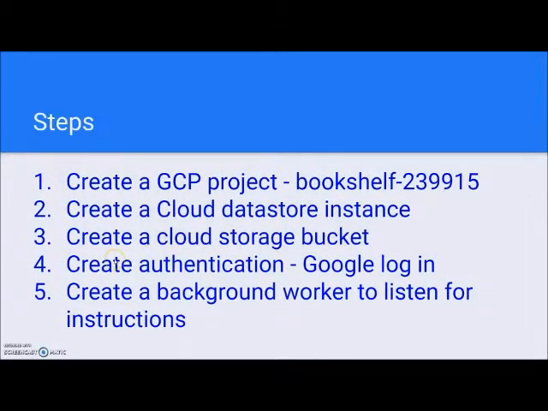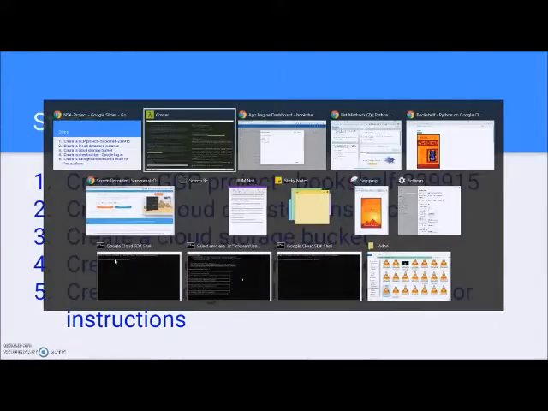Next, we will create an authentication. For the authentication part, we will use the credential utility in Google, which will let you use the Google Sign-in API. We will add our domain into the authorized domain.